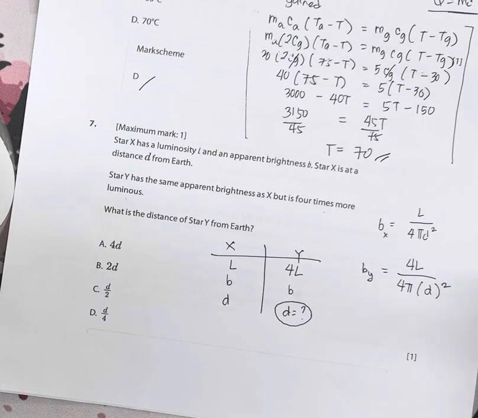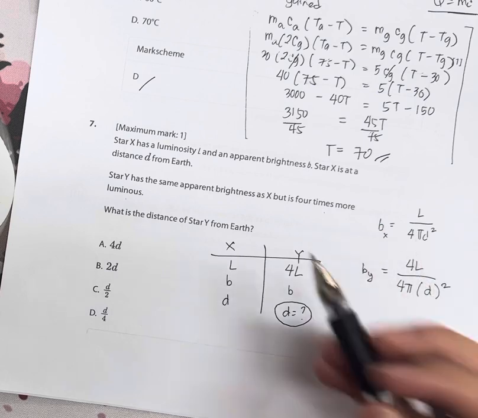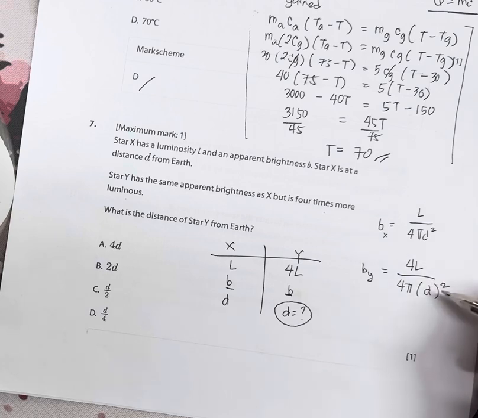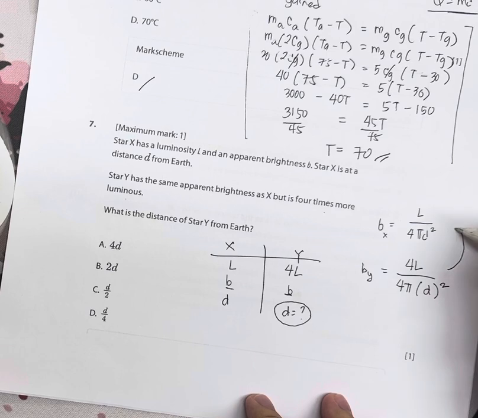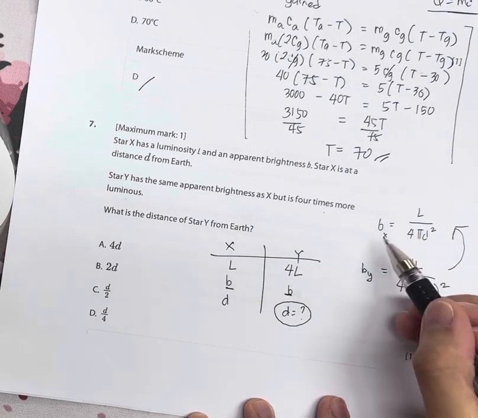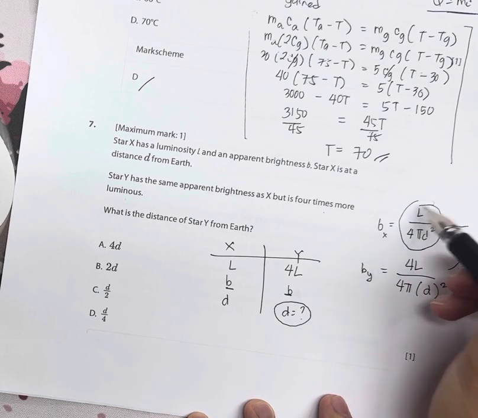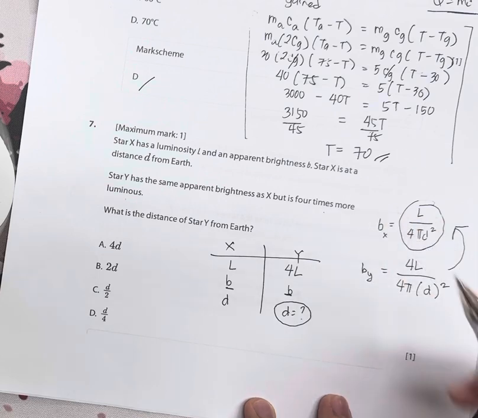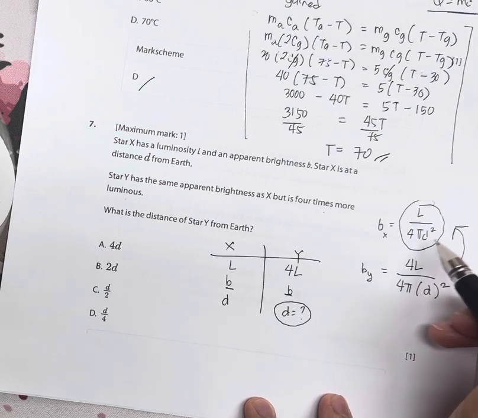It all goes down to the fact that the apparent brightness for both X and Y must be equal. So if I'm going to change this distance, provided that the luminosity is 4 times that of X, what can this quantity be so that when I simplify things, I still end up at this particular value? Again, the apparent brightness must be the same. So if the apparent brightness for X is this, then the apparent brightness for Y, provided that the luminosity is 4 times that of X, must eventually simplify to this.